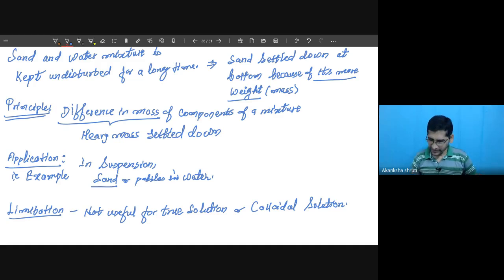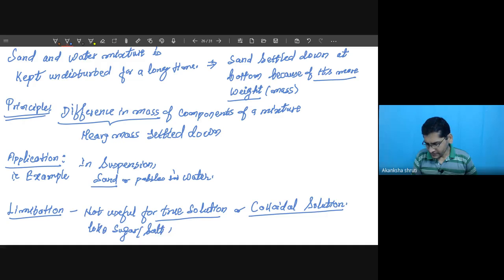But in a true solution like sugar or salt in water, if it is asked whether it can be used for separating salt from water by sedimentation, no, it cannot be used.